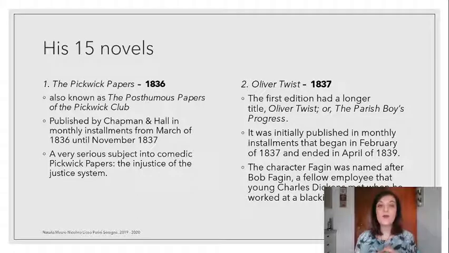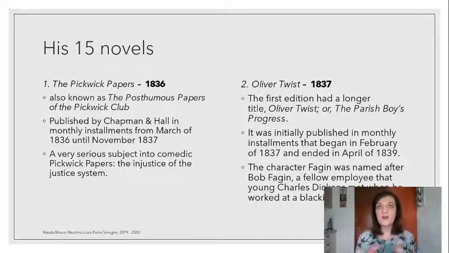It was published in 1836 and it is also known as the Posthumous Papers of the Pickwick Club. All of his novels were published in installments, between March 1836 and November 1837.